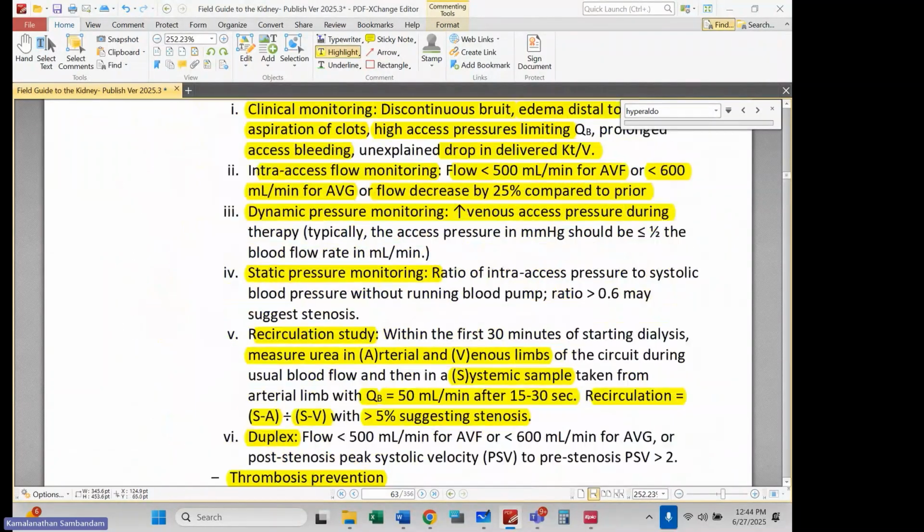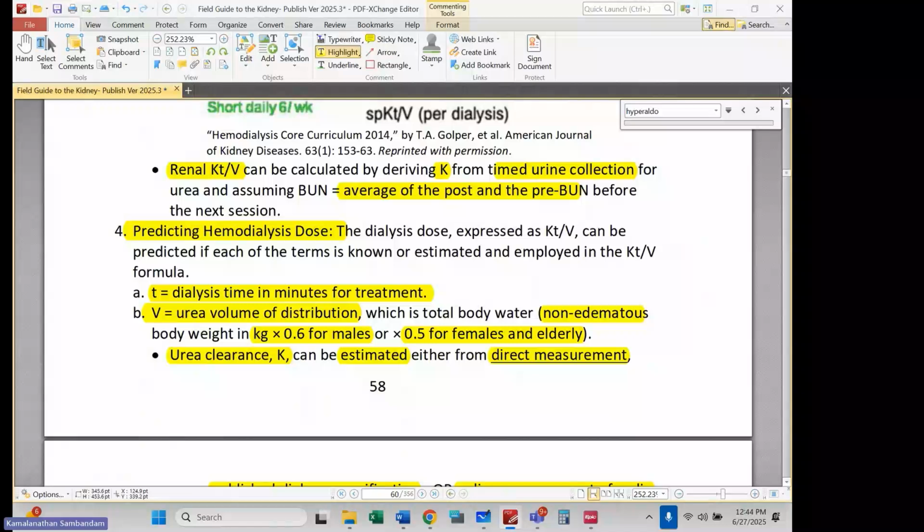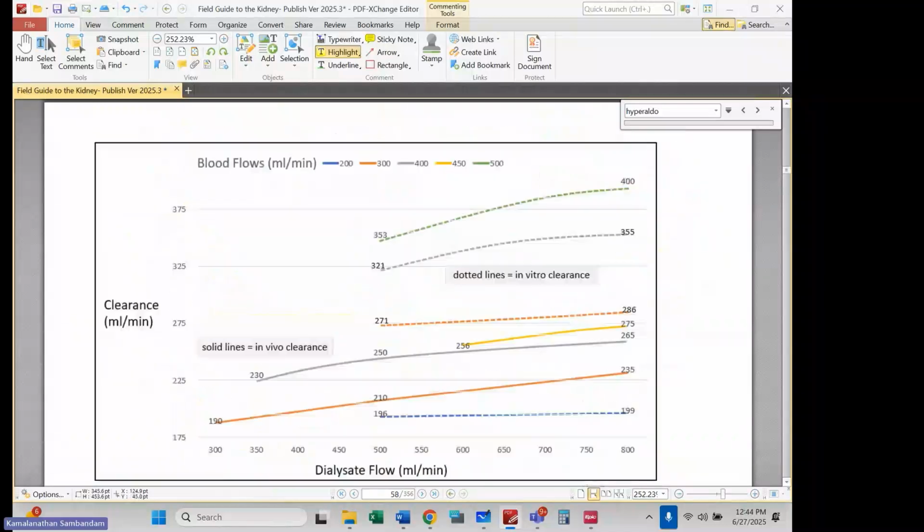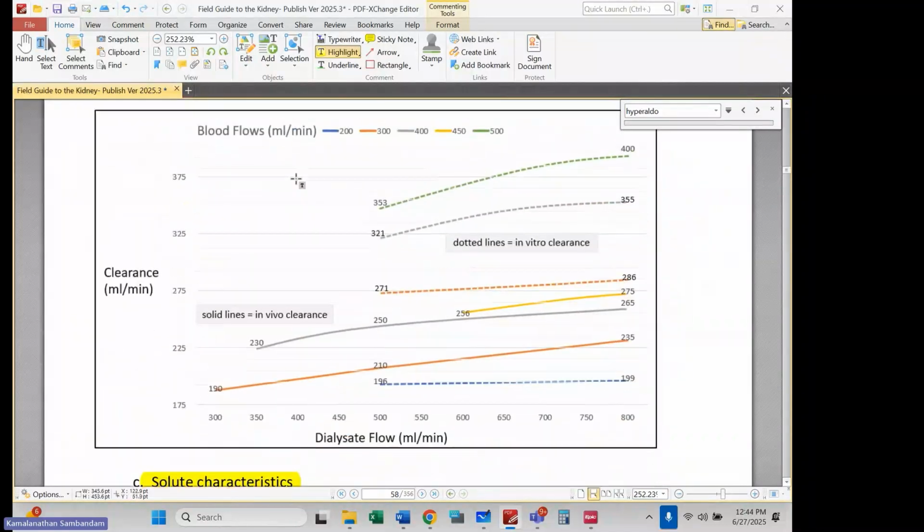And I'll just refer you back to some of these figures that we looked at for urea clearance for hemodialysis. You can see clearance on the y-axis, dialysate flow rate. The dotted lines are in vitro, the solid lines are in vivo.